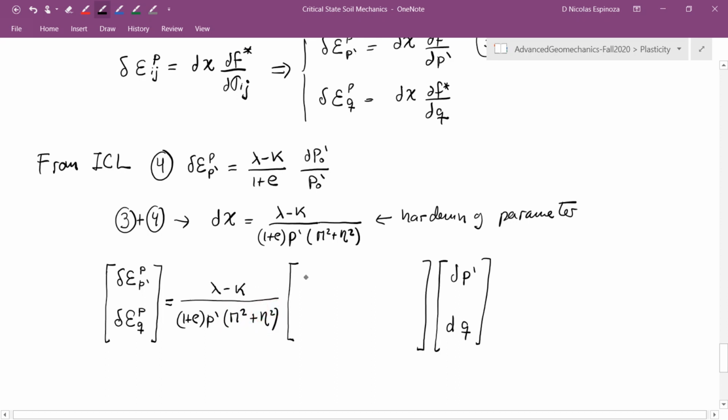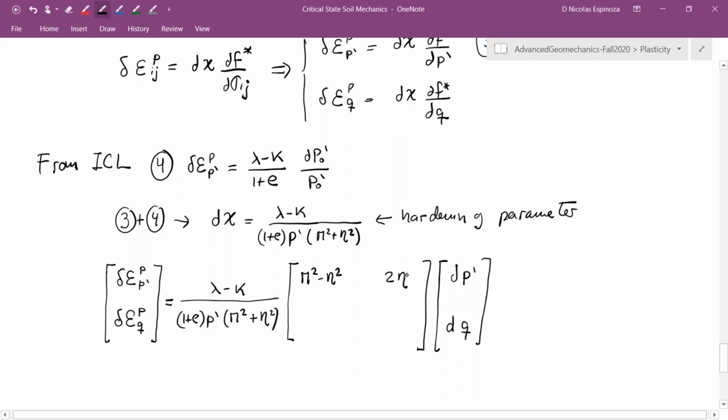And here I'm going to have m squared minus eta squared, and now I have a component 2 eta in the off-diagonal.